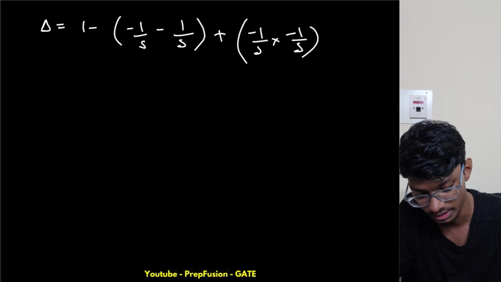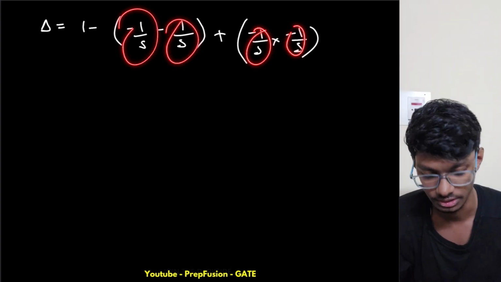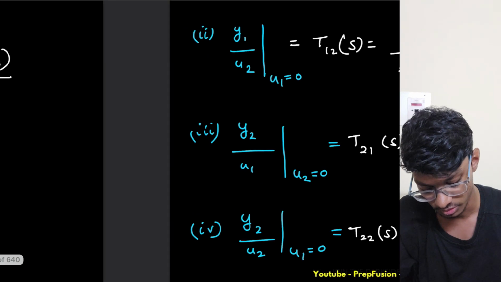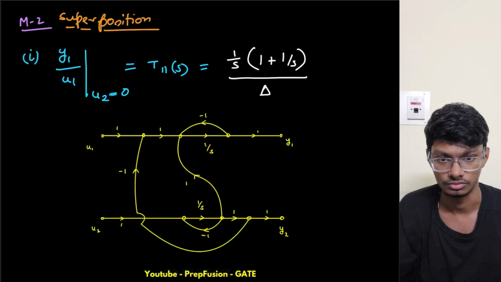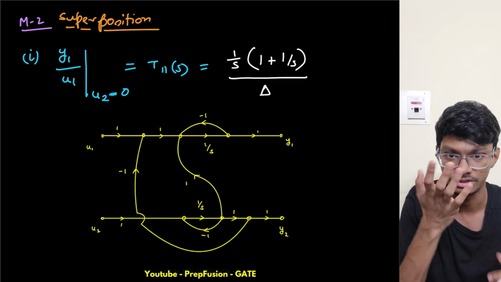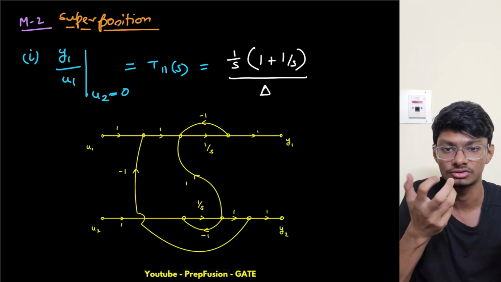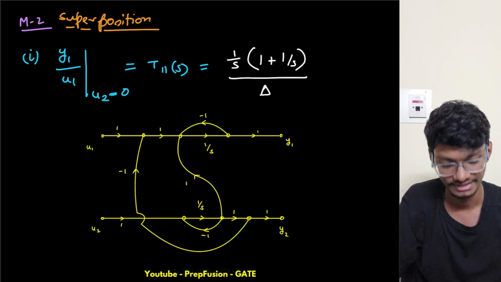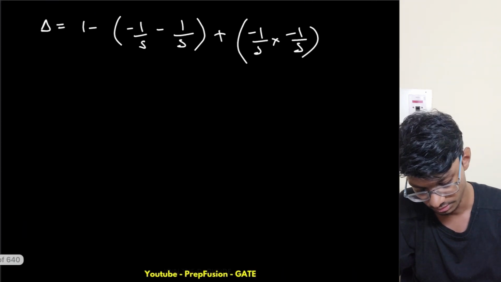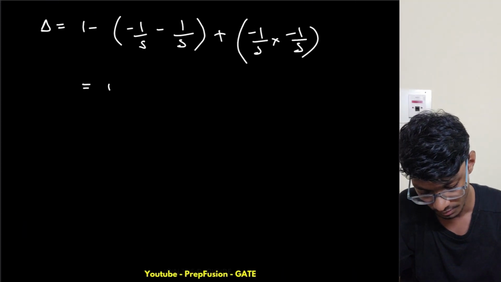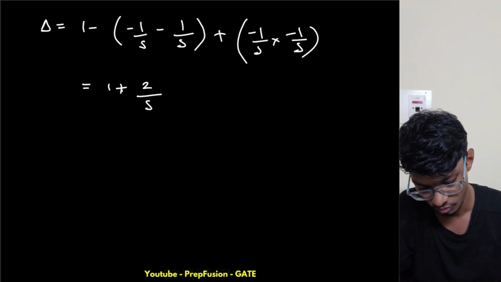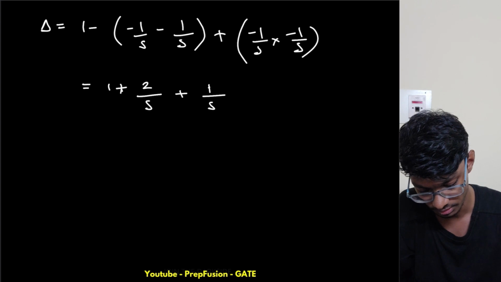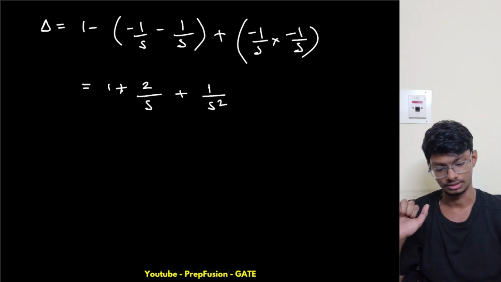Each of the loop gains is minus 1 by s, and these two are non-touching, so I have to multiply these two also. But I have to stop here, because three non-touching loops is not possible, as I only have 2 loops. So this will be 1 plus 2 by s plus 1 by s square. So my delta is this one.